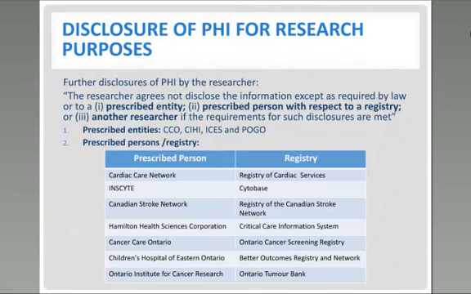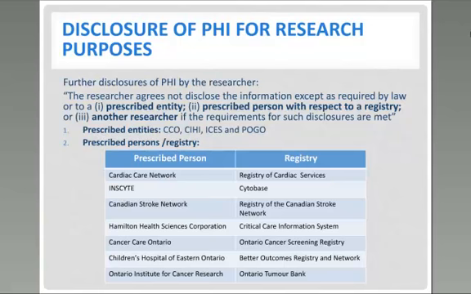And I think the thing to understand is that both with respect to the entities and the persons with respect to their registries, there are numerous requirements, both under PHIPA and those imposed by the Privacy Commissioner, with respect to how the entities and registries manage PHI.